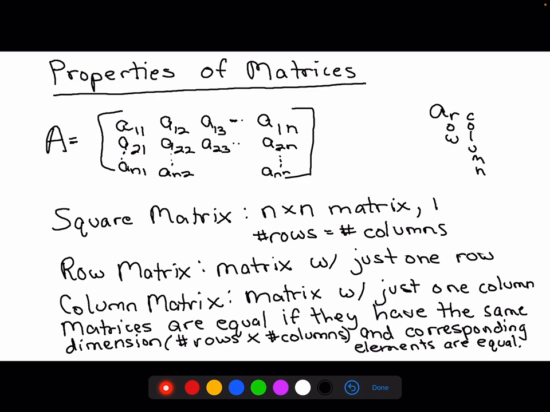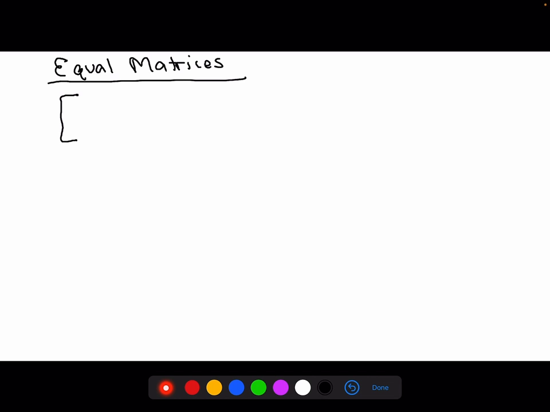All right, so examples of equal matrices. If 2 matrices are equal, then the elements in the same exact positions are going to be the same.